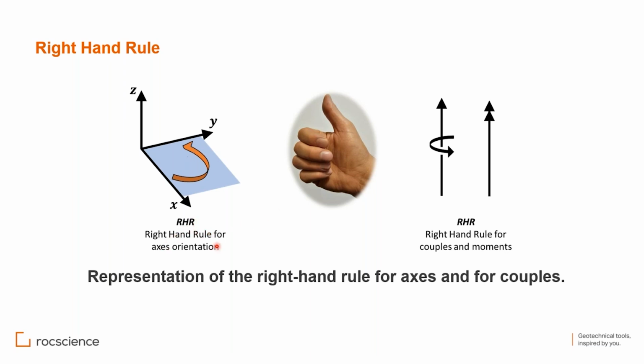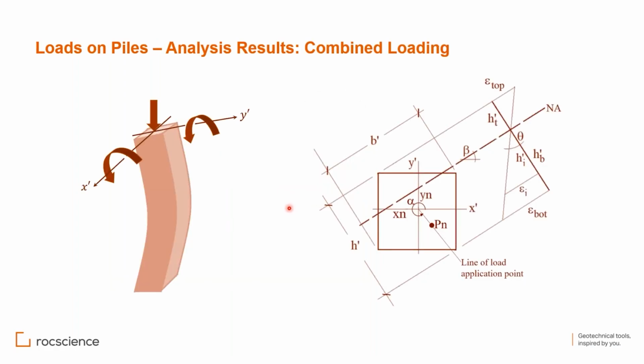For the axis orientation, there is also a right-hand rule, which we are also following. So x, y, and z, when z is in the direction of the thumb, and you're rotating from x to y with the fingers, that means you are following the right-hand rule.